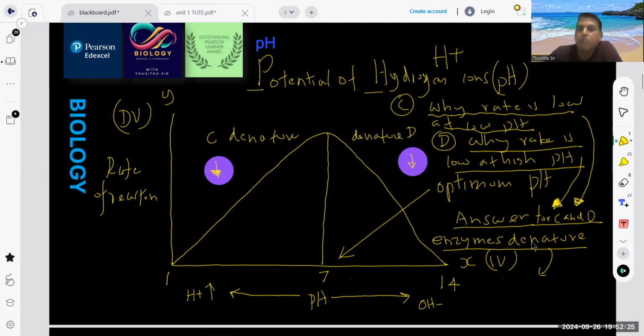You can understand proteins. Proteins are very sensitive to heat. You can see this one: if you fry an egg or boil an egg, the white part of the egg is protein.